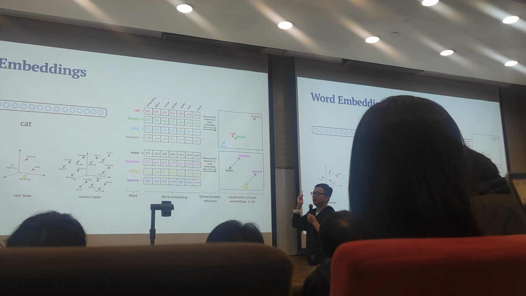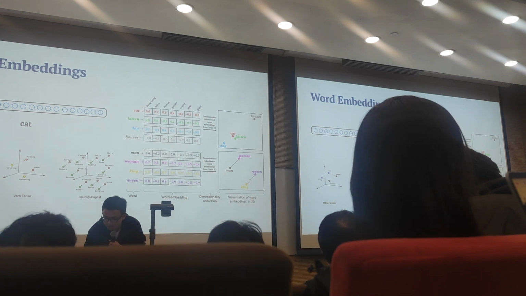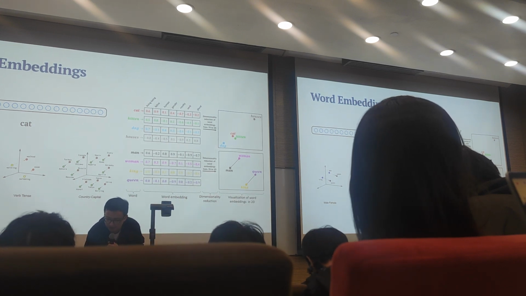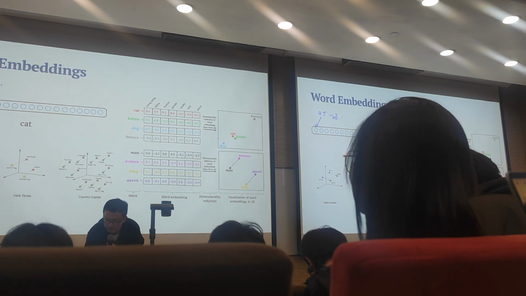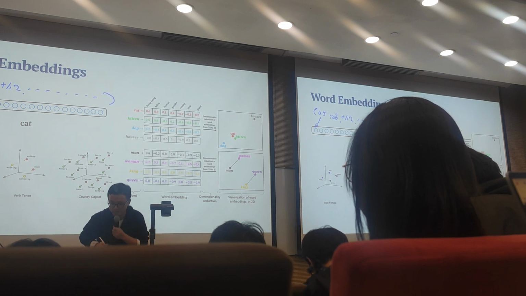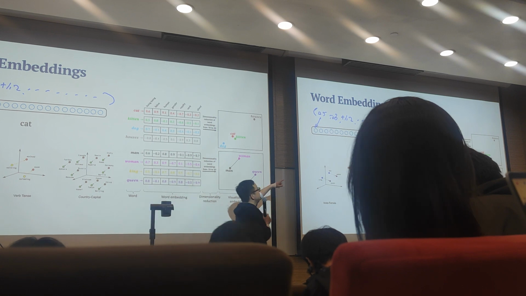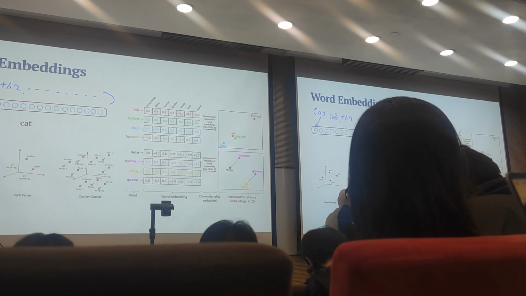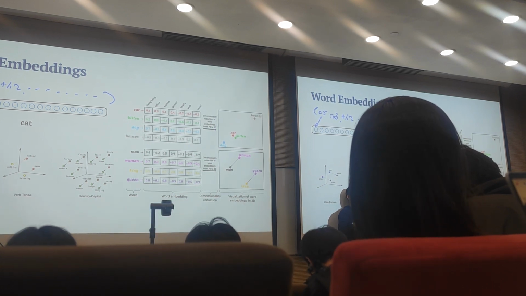So what does this word embedding look like? It's basically a vector, and each entry is a number. So probably we have 0.5, minus 0.3, then positive 1.2, blah, blah. We have this vector here. This vector is the vector representation for the word cat, for the meaning cat, right?